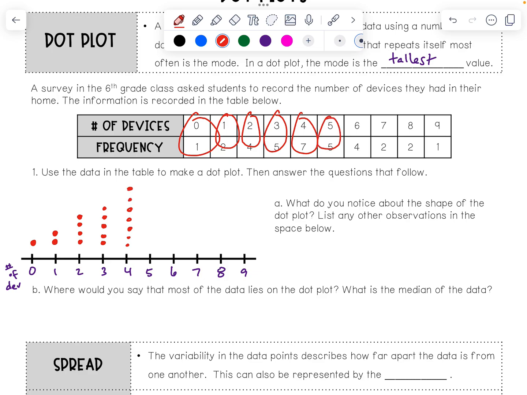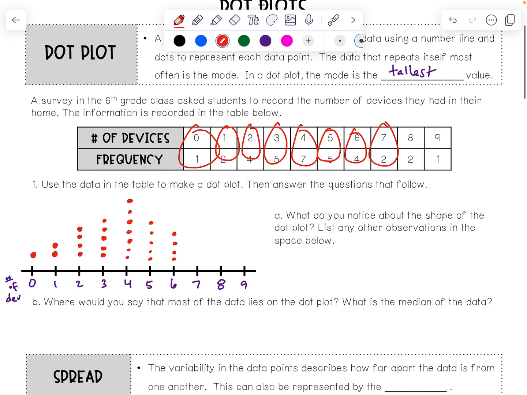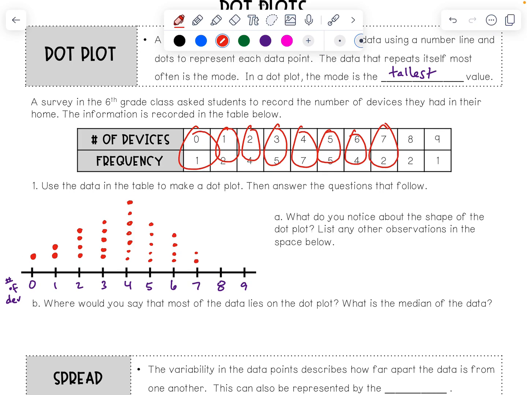And 5 kids had 5. 1, 2, 3, 4, 5. 4 kids had 6. 1, 2, 3, 4. 2 kids had 7. 1, 2. 2 kids had 8. 1, 2. And 1 kid had 9.